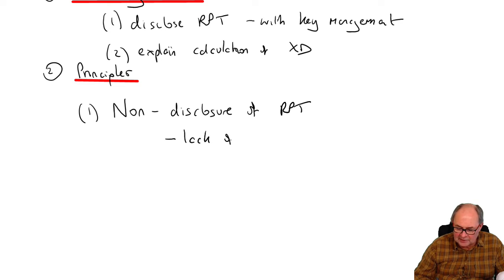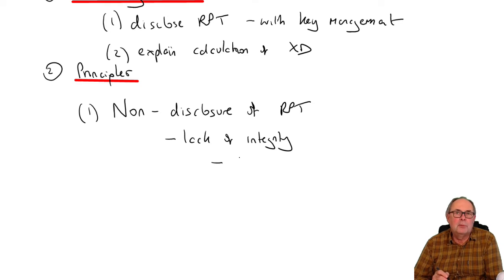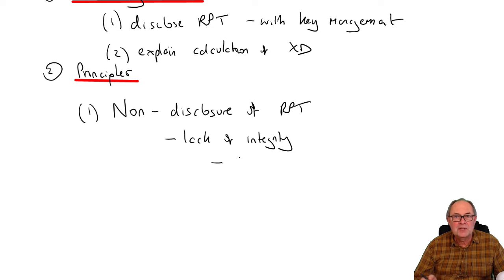Lack of integrity. Again, please don't turn up without knowing what integrity is defined as. It would be like arriving at the exam without your trousers. So integrity, as you know, is when they do not have straightforward business conduct.